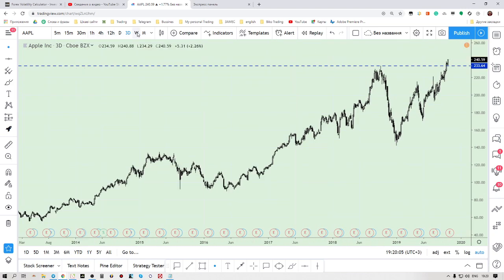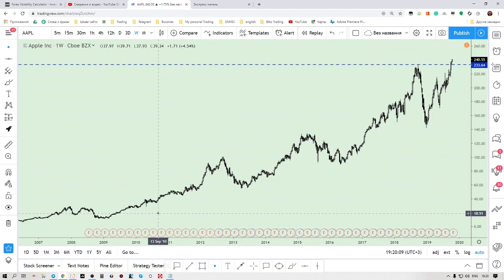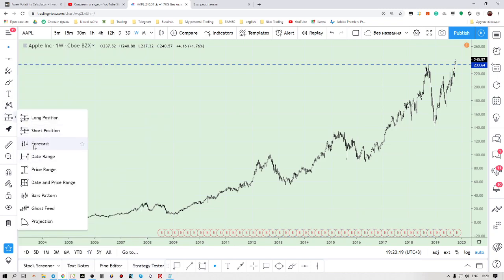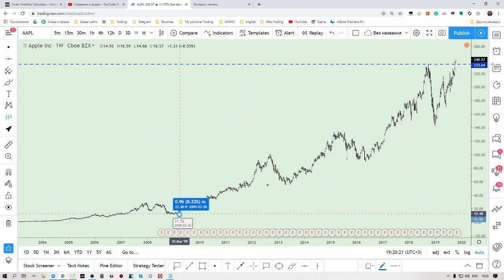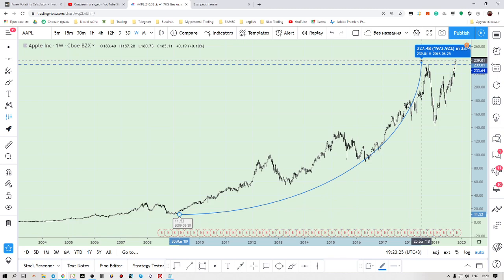If you want to invest, I do not recommend investing into Apple, because take a look at what happened from 2009. From 2009, price rose up. Who can guess how many percent price rose up? Yes, price rose up 2000%.